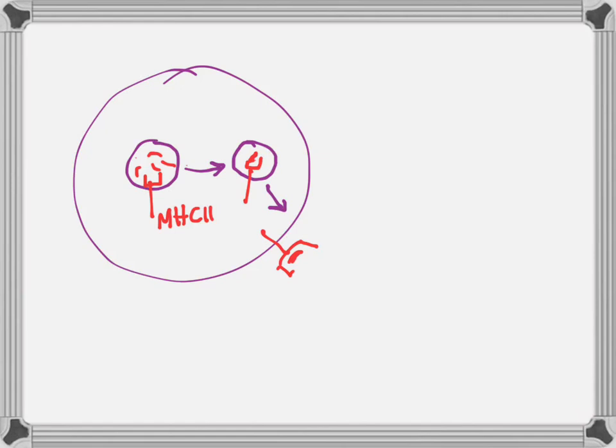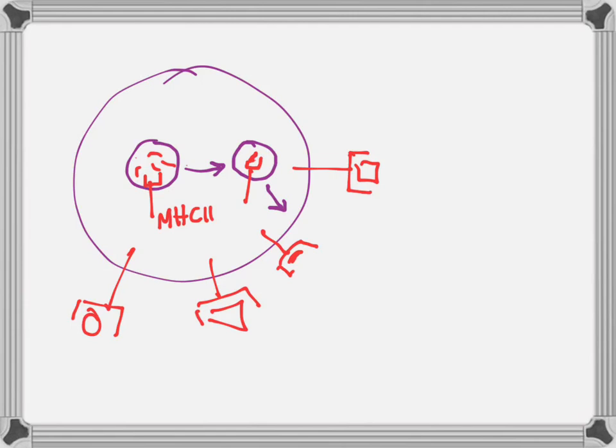And for each pathogen, there are hundreds of antigens, hundreds of epitopes. So you can imagine that from one bacterial cell, you're going to get numerous MHC2 complexes, I'll just draw them as shapes here, each with a different epitope being presented.